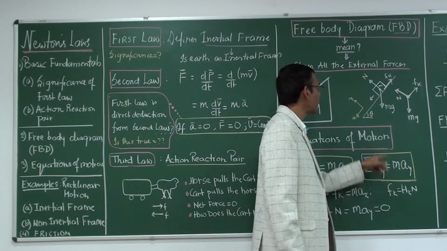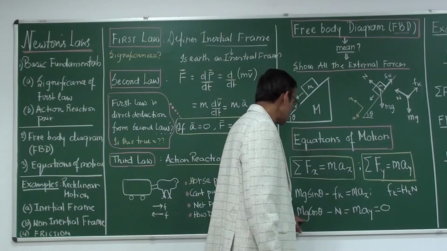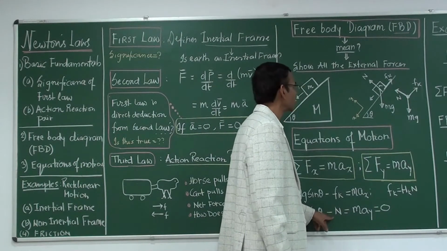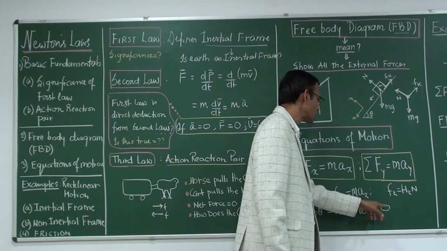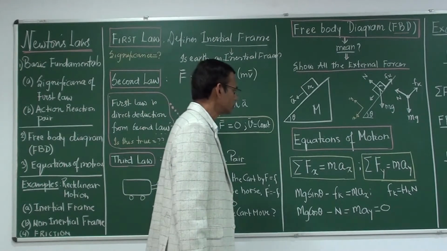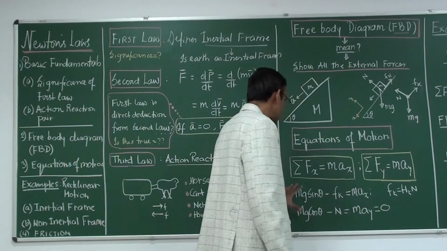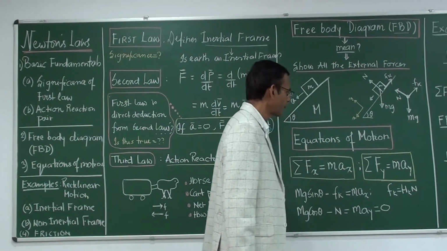Along the y direction, mg cos theta minus N is equal to may, which is equal to 0. So that completes these two equations, your x direction and y direction.